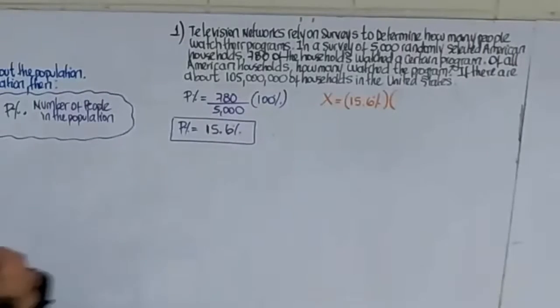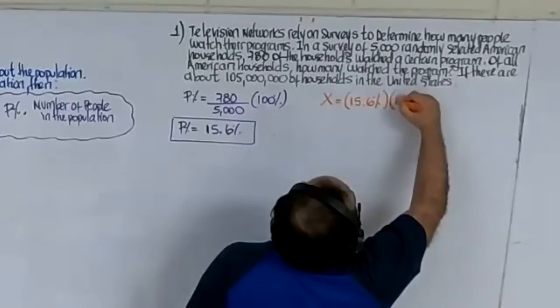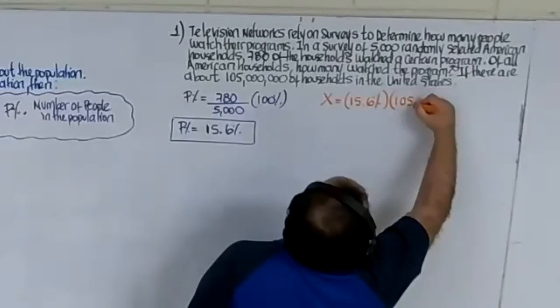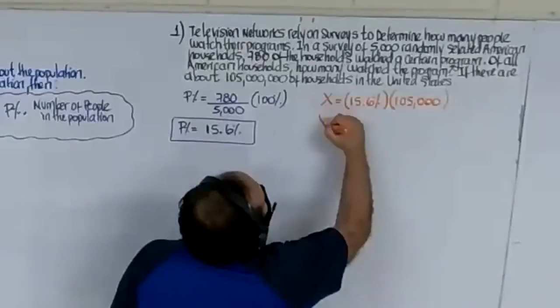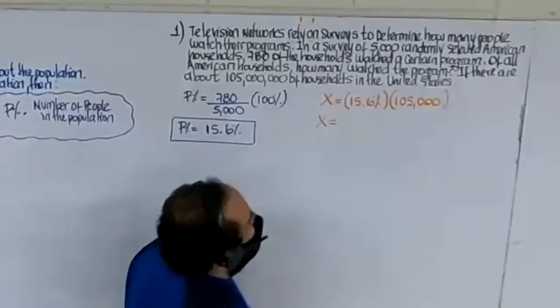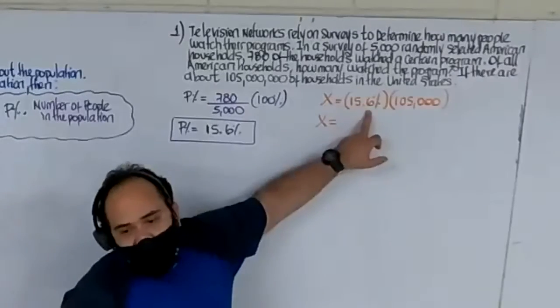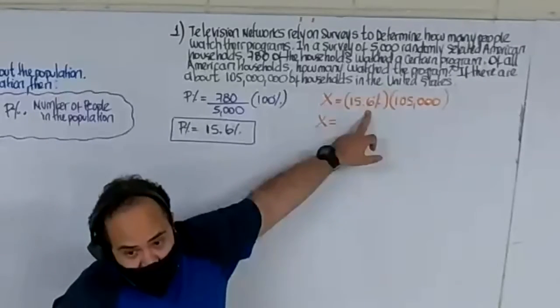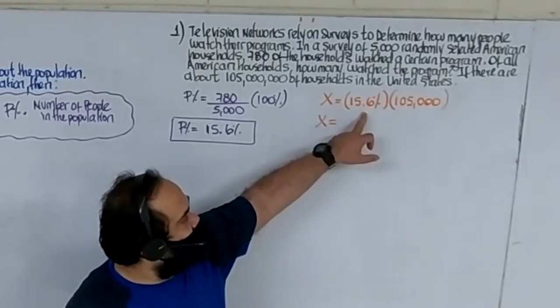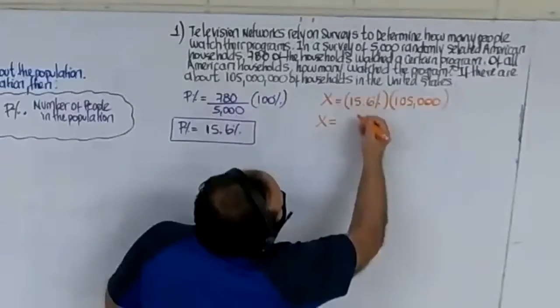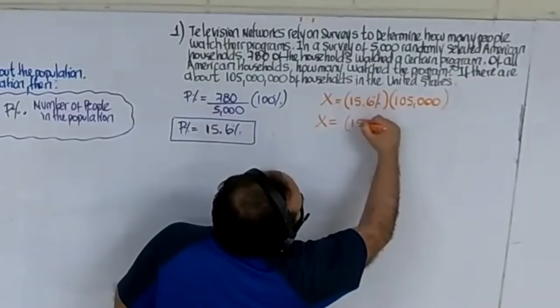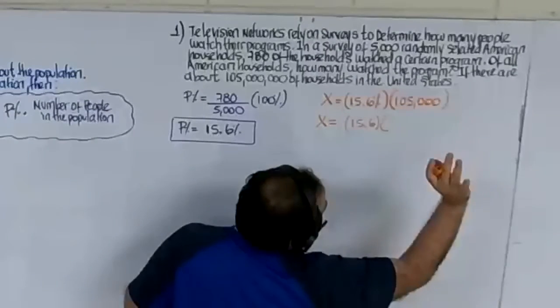So 105 million. Okay, so what will be the answer? Remember, this is 15.6%. We can multiply this quantity by 15.6.